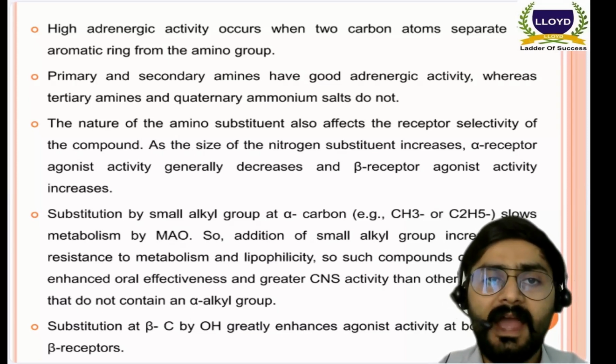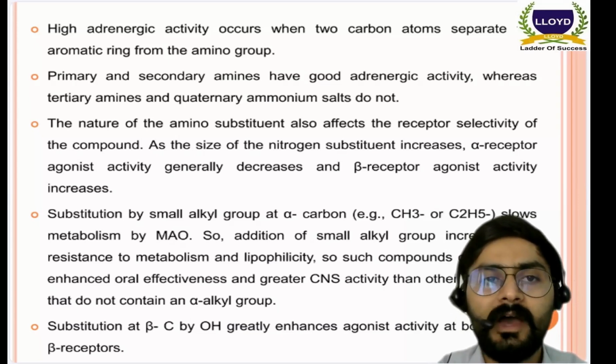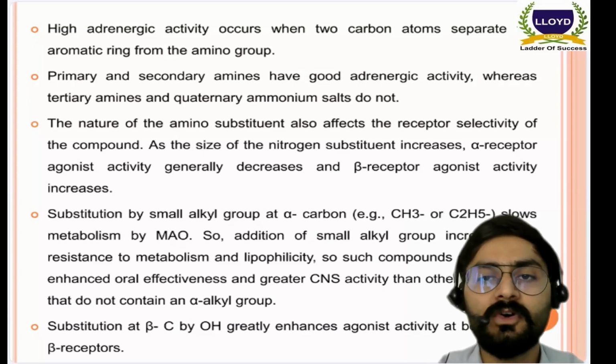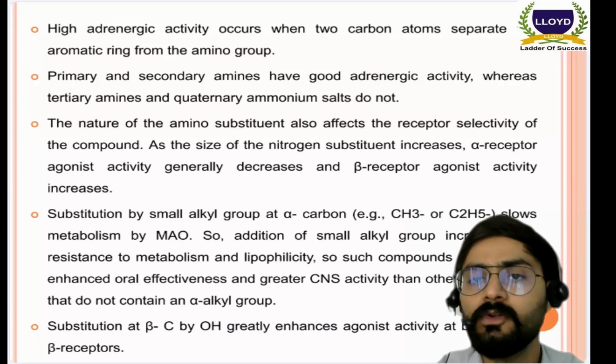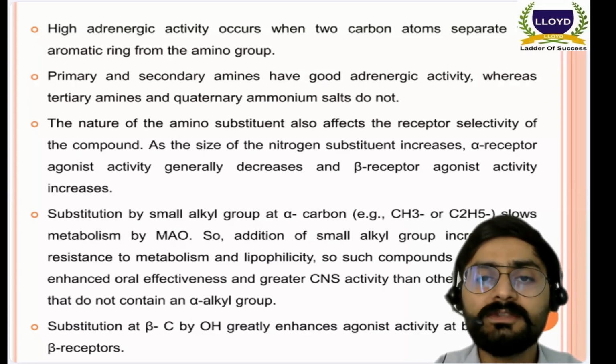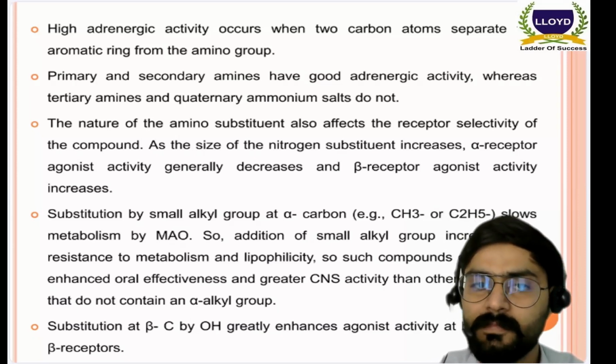The primary and secondary amines have good adrenergic activity, whereas tertiary amines and quaternary ammonium ions or salts do not have very good adrenergic activities. The nature of amino substituents also affects the receptor selectivity of the compound.